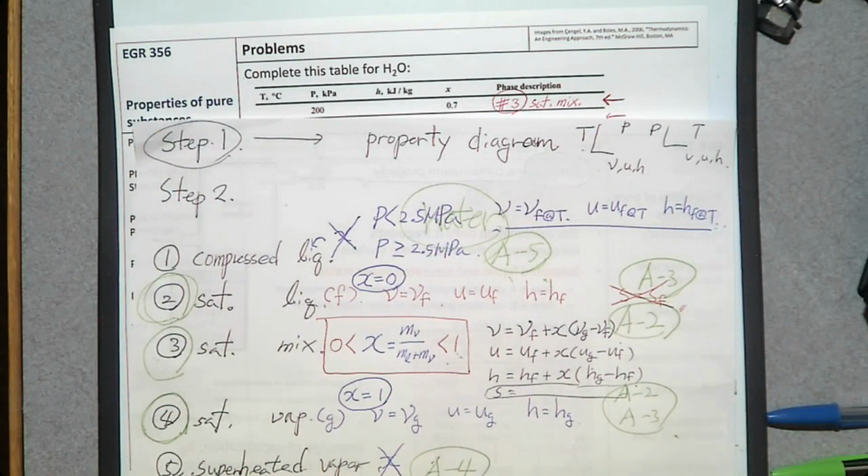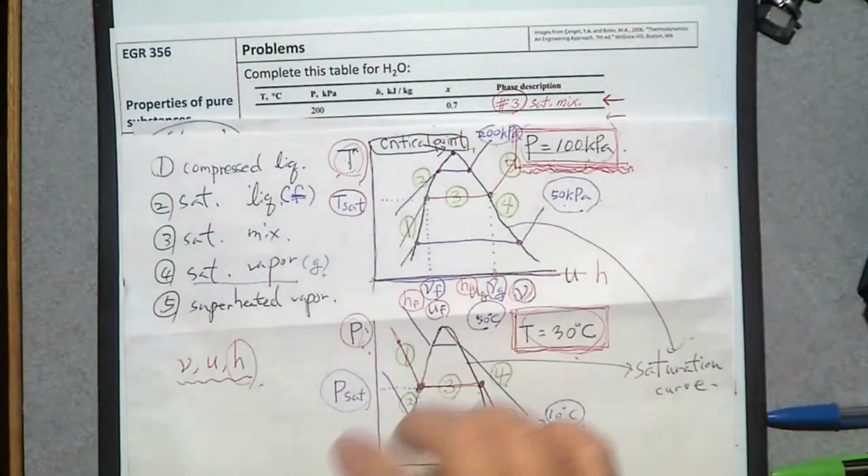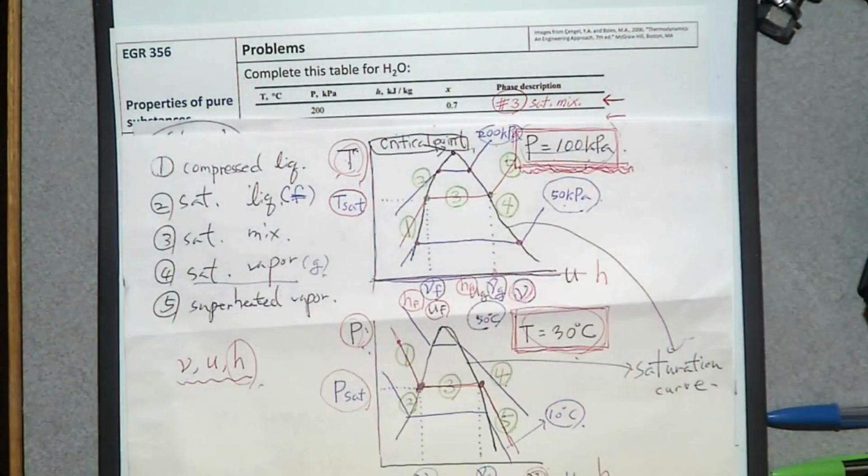Then you can go back here. So we know it is a saturated mixture. We have a pressure, so we would end up making the T-v, T-u, T-h diagrams, and we don't have to because we already know our system exists as a saturated mixture. Then what is the pressure and what is the temperature of this saturated mixture?